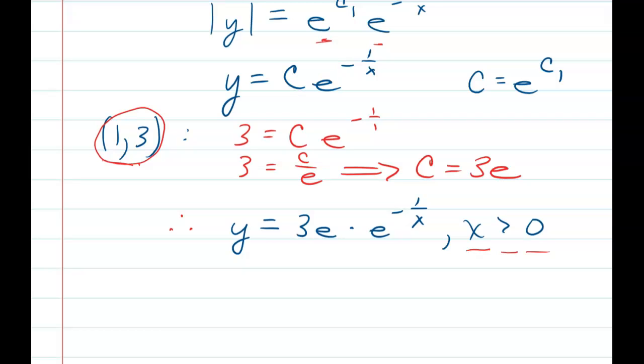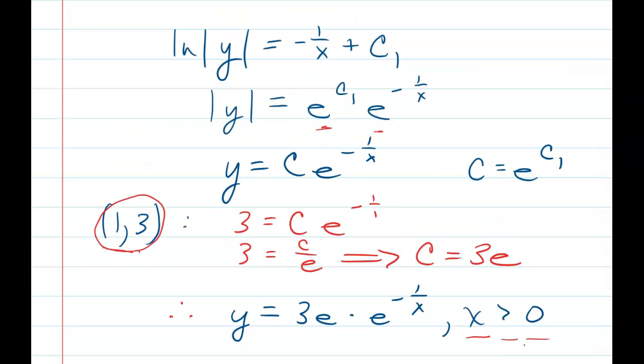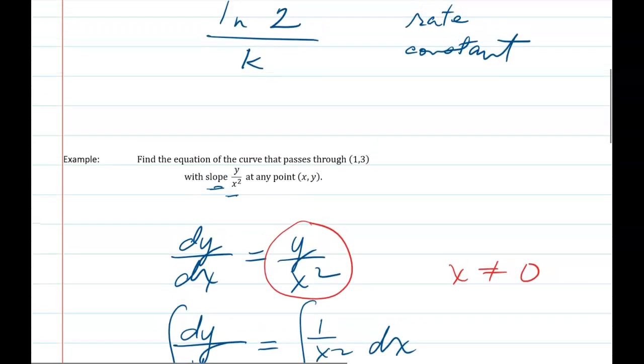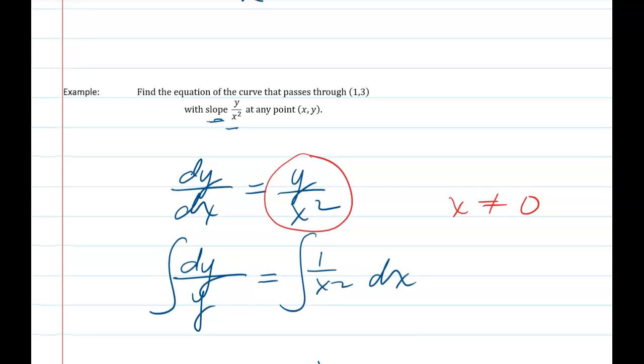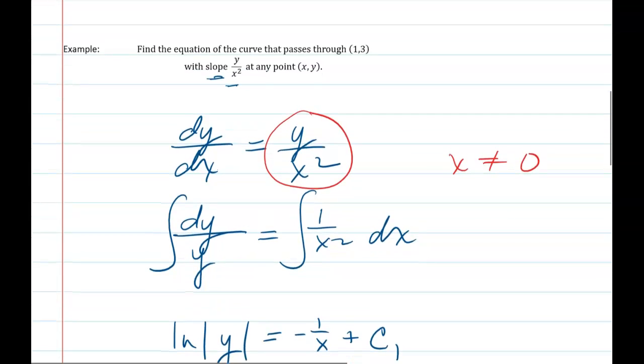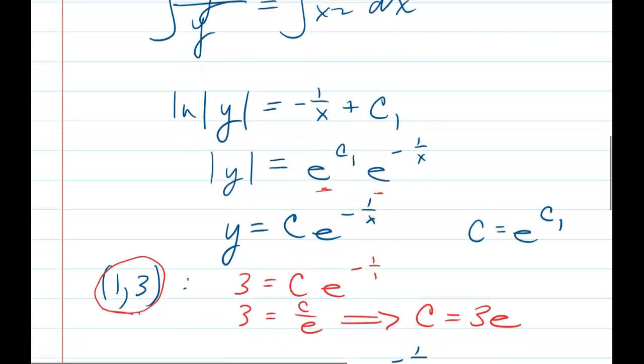If we were to graph y equals 3e times e to the negative 1 over x, it looks like it would never be below the x-axis, let alone on the x-axis. I think you'd agree with me on that. If we take a look at the slope field for our original differential equation, dy/dx is equal to y over x squared, that is a curve with a slope of y over x squared.